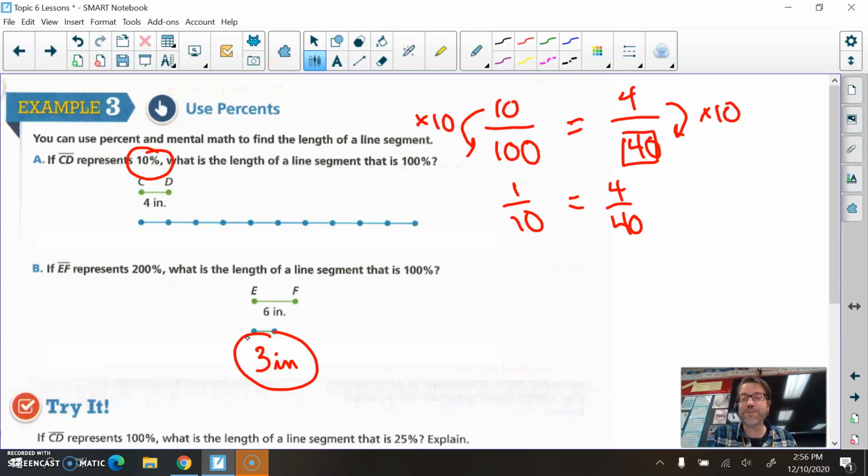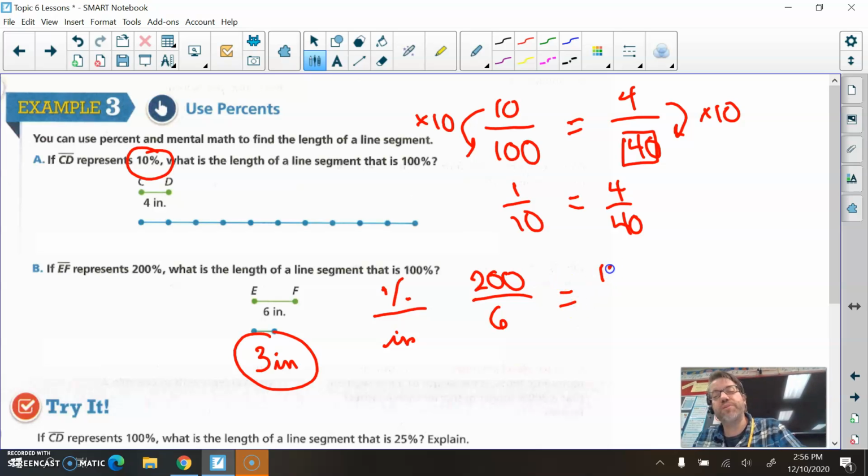Now, if you wanted to show your work, which is always a good thing to do, you can say, well, how does 200% compare with 100%? You could write a ratio for that. Actually, you could say if 200% is 6 inches, because remember, EF represents 200%. If 200% is 6 inches, I'm putting the percent in the top and the length in inches in the bottom here.